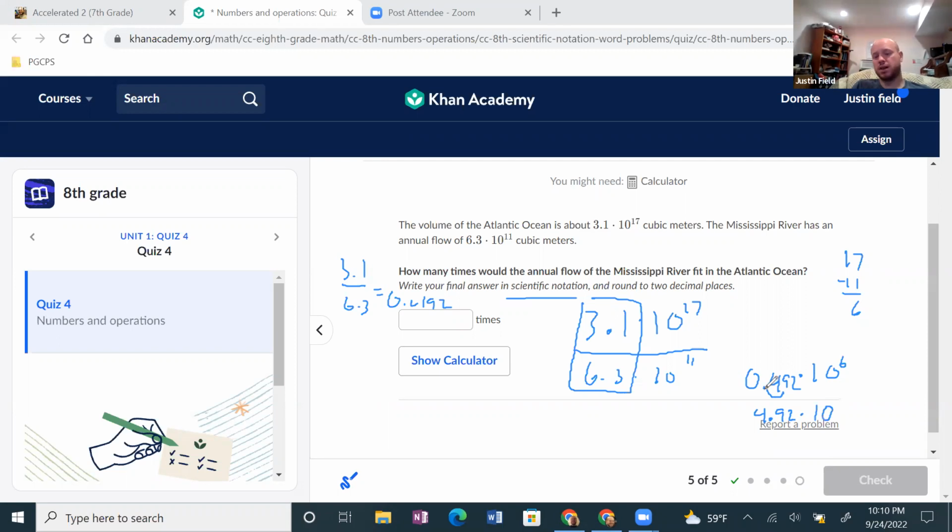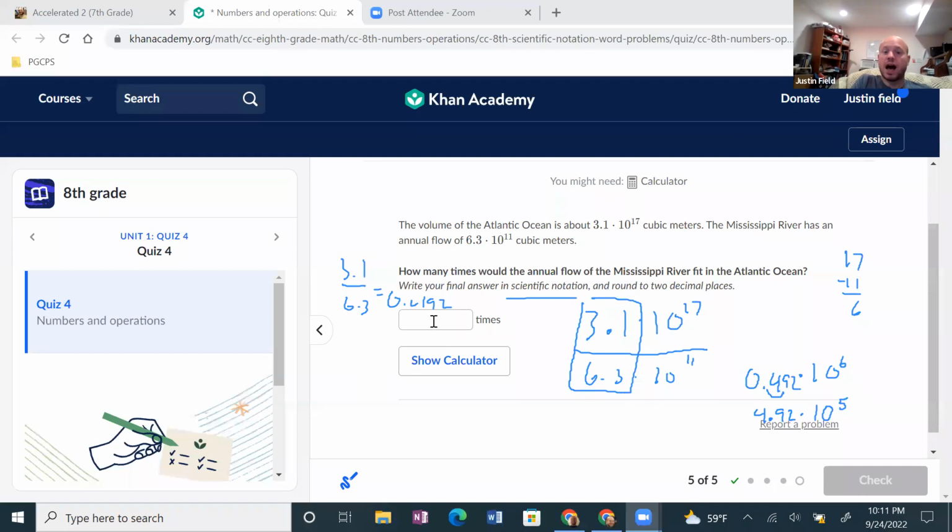Well, let's see. This number has 6 decimal moves, would make 3 zeros. So if I've already moved it 1 back and I need 3 zeros, I'm only going to need 2 decimal moves, and then to get 3 zeros would be 3 more moves. So that would be 5 total decimal moves.